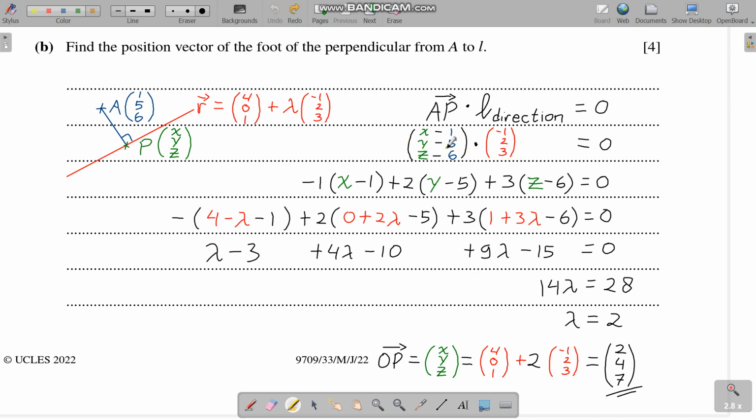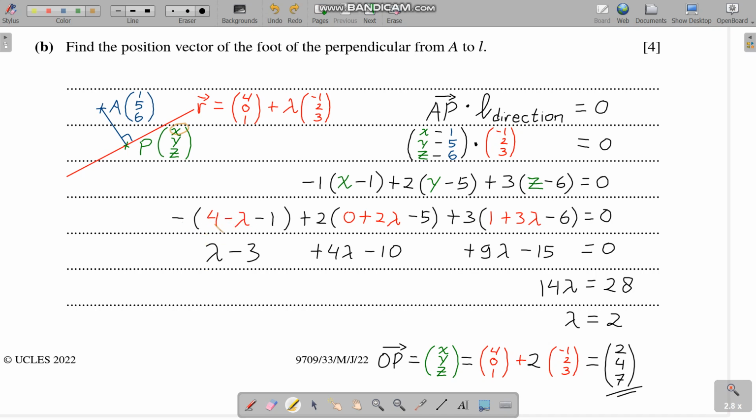Remember, we can replace x with 4 minus lambda and so on. So we replace x with 4 minus lambda, y with 0 plus 2 lambda, and z with 1 plus 3 lambda. We can simplify a little. We have minus lambda, that's plus lambda.